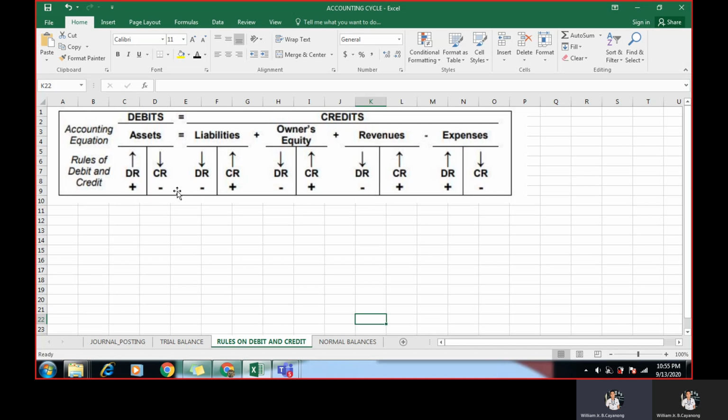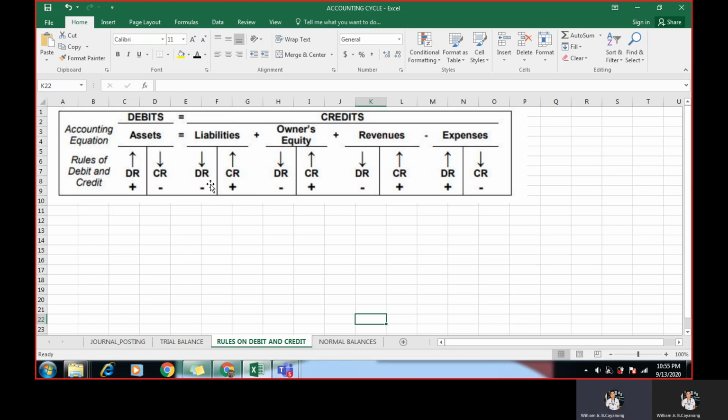Example, cash. Mag-increase yung cash natin when it's debited. Mag-decrease siya when we pay, so it is credited. Okay, next, liabilities. Liabilities have a normal balance of credit, so liabilities will increase when credited. How to decrease a liability?